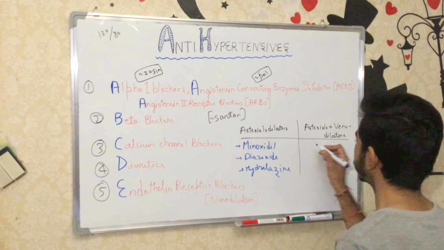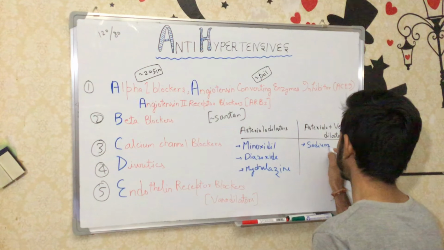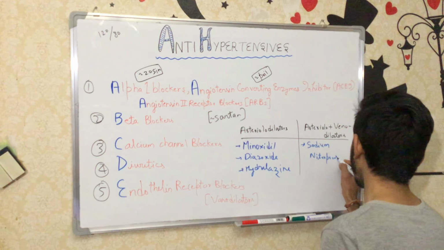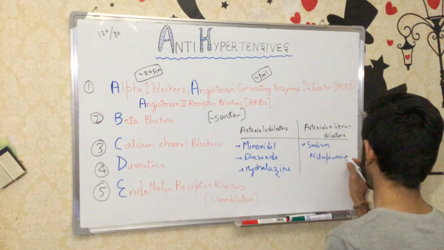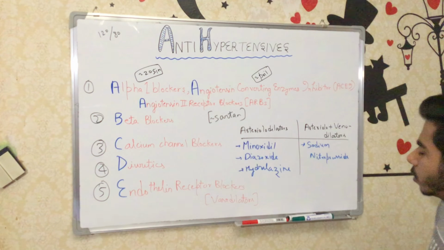In the arteriolo plus venodilators, we have sodium nitroprusside, which we also use in hypertensive emergencies.